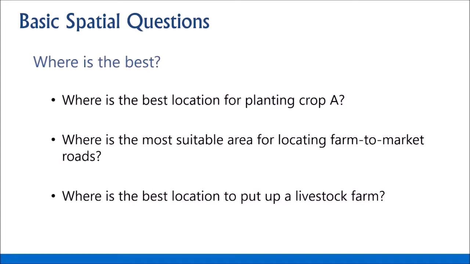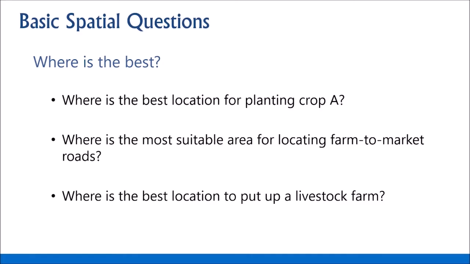Now, where is the best type of questions? So this is more on suitability analysis. So an example is this question, where is the best location for planting crop A? In here, we need to set the criteria which determines suitability.